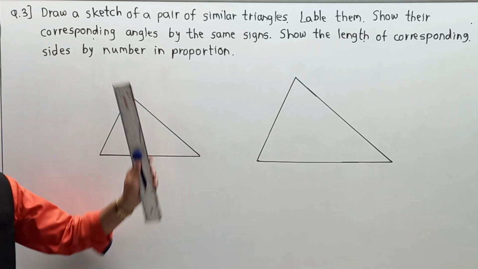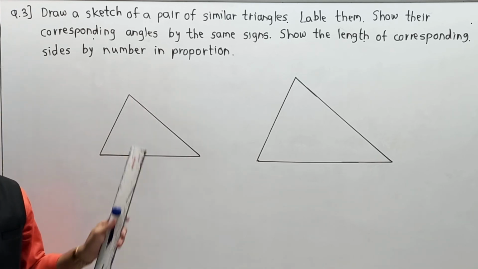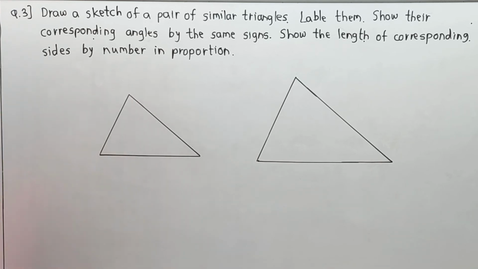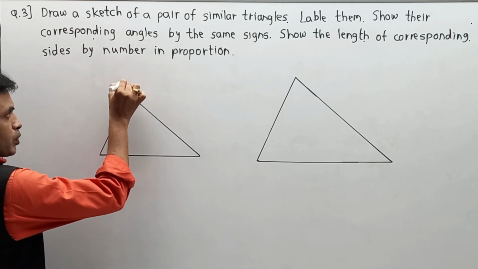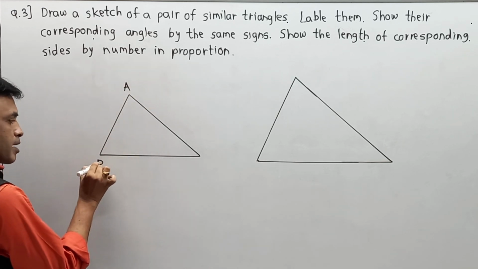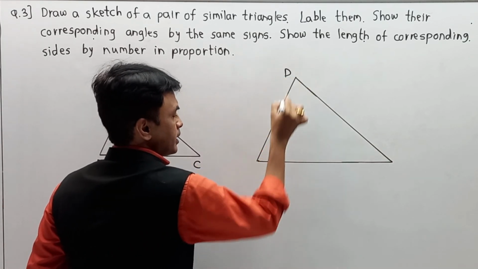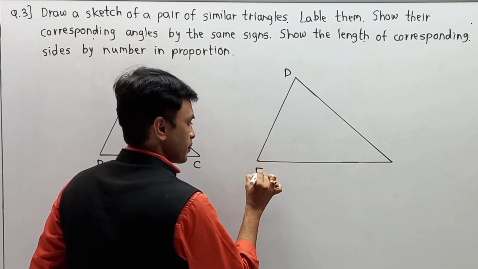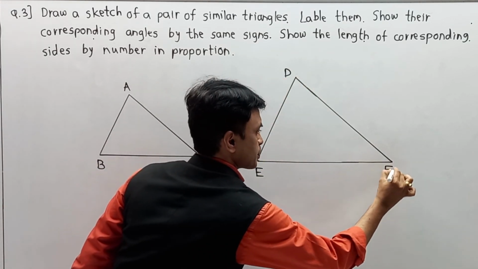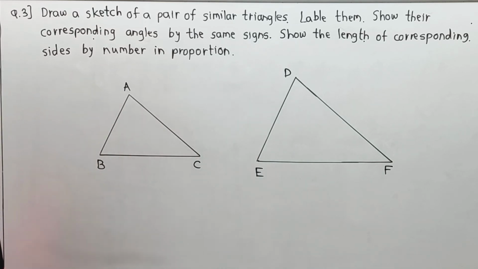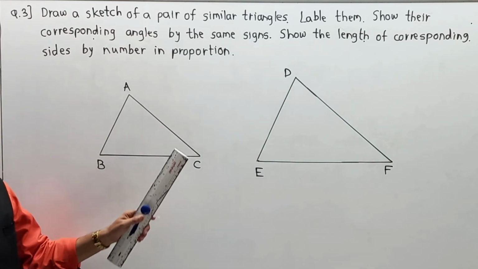Now about nomenclature and everything else, they have not mentioned anything, so we have to give it ourselves. For the first triangle, I am going to call it triangle ABC and the second triangle DEF. This is the first part, the nomenclature. Now we have to indicate the symbols for angles.